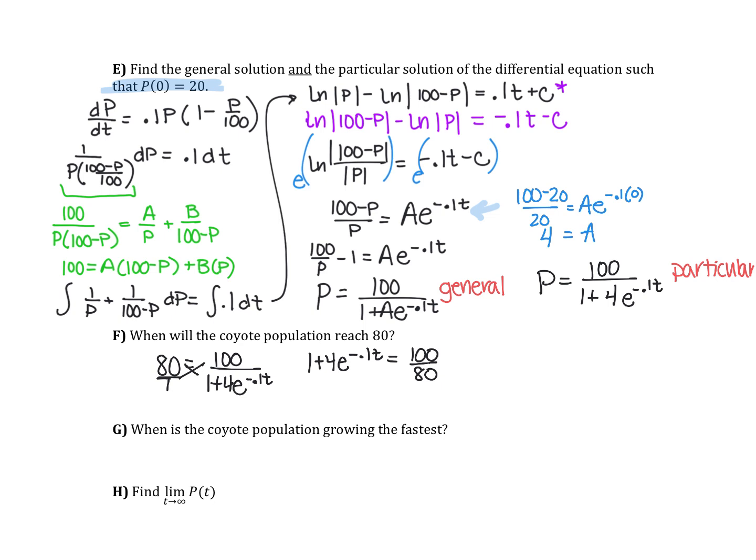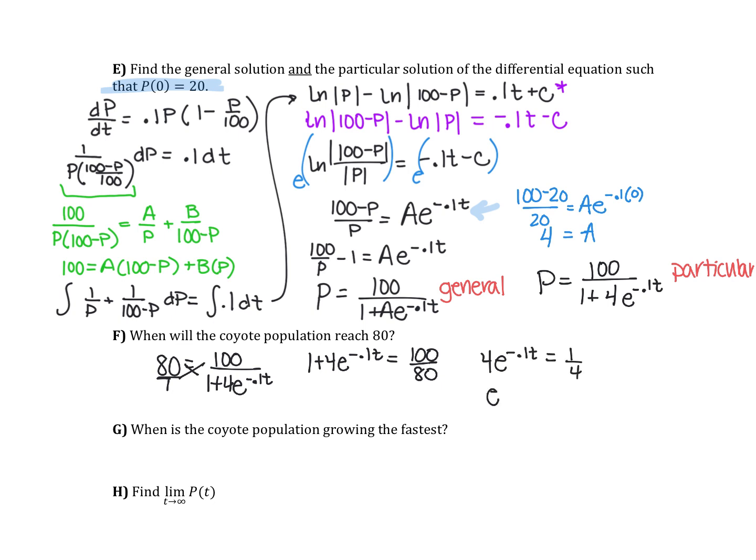All right, if we go through the calculations of this, it depends on how much math you want to do. It doesn't really matter. We could do this simply, or a little bit more complex. I'm going to go ahead and subtract 1 from 100 over 80, which I could reduce as well, but subtract 1 from that. So I really get 20 over 80. 20 over 80 would be 1/4. So I have 4 e to the negative 0.1 t equals 1/4.